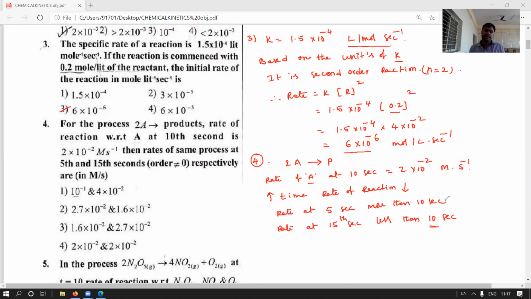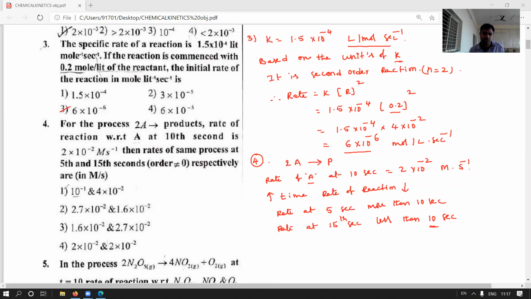So the rate of reaction decreases with increasing time. Now the rate at 10 seconds with respect to A is given, but at 5 seconds the value should be more than 2 into 10 to the power of minus 2, and at 15 seconds the value should be less than 2 into 10 to the power of minus 2.